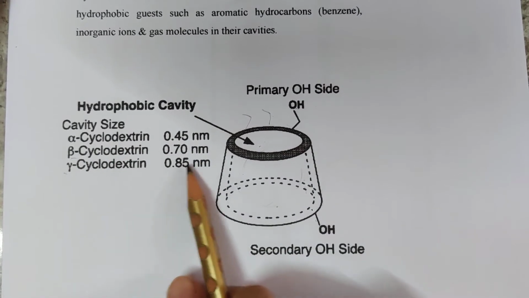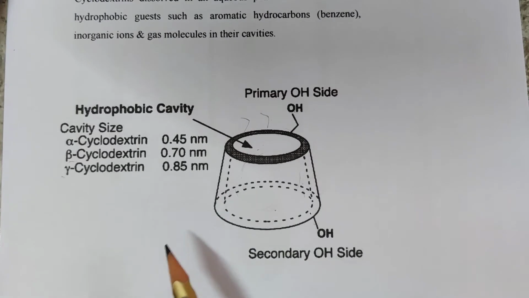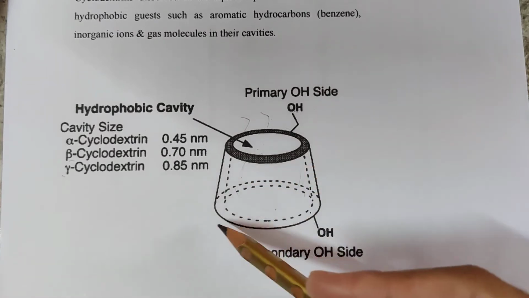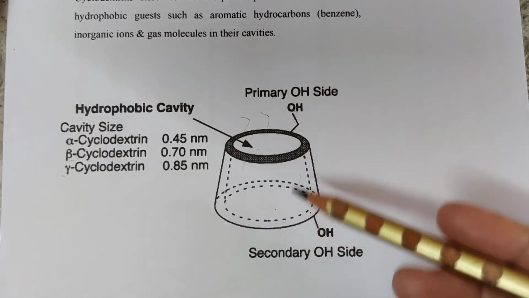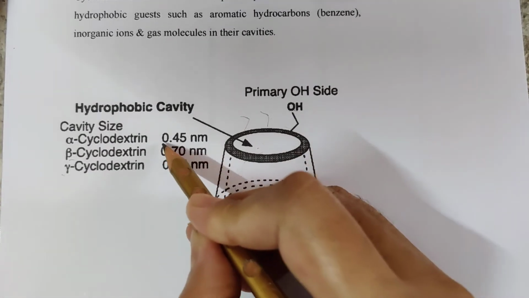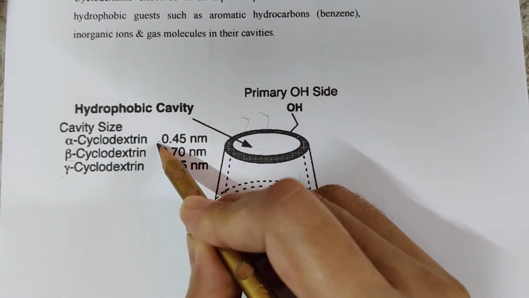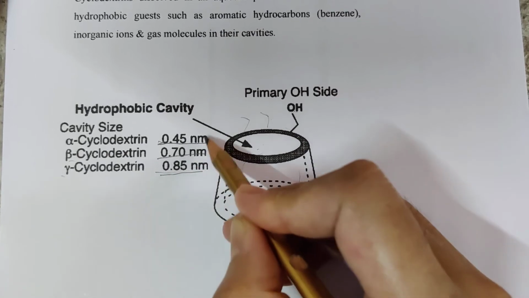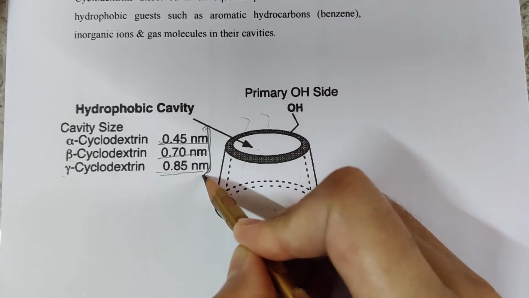For gamma it was 0.85 nanometer. So depending upon the number of glucose molecules involved, this cavity will vary, and it can accommodate guest molecules of size respective to these sizes.